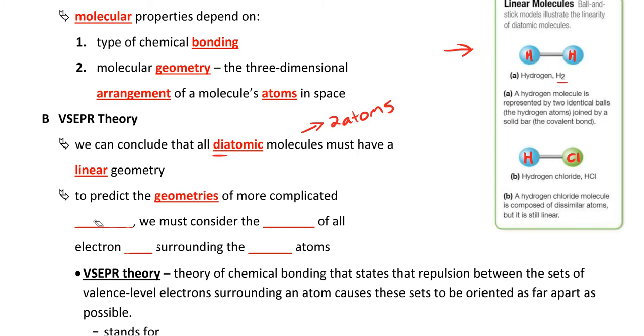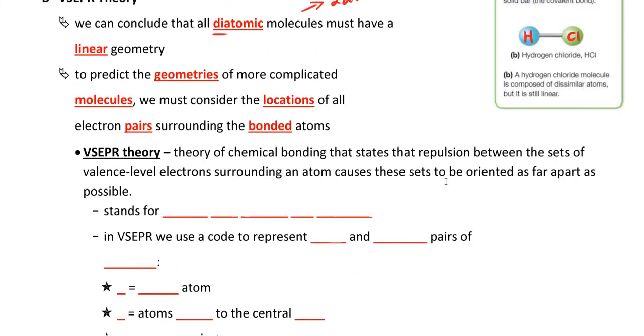Now, to predict the geometries of more complicated molecules, we have to consider other things. We must consider the locations of all the electron pairs that surround the bonded atoms. So all of the electron pairs, including the electron pairs that are being shared in chemical bonds, and also the electron pairs that remain unshared. All of these have to be taken into account.